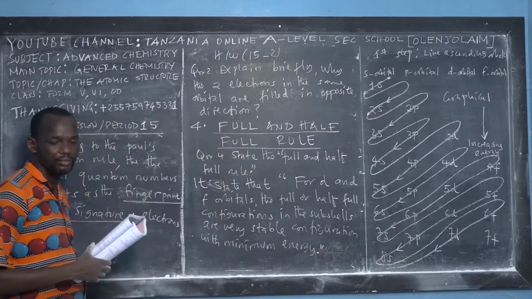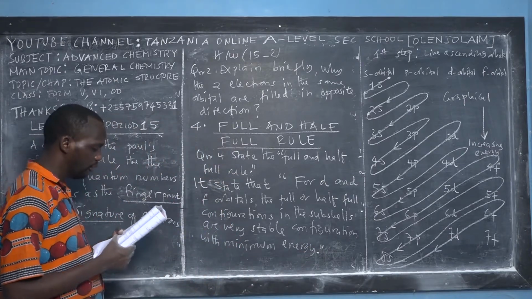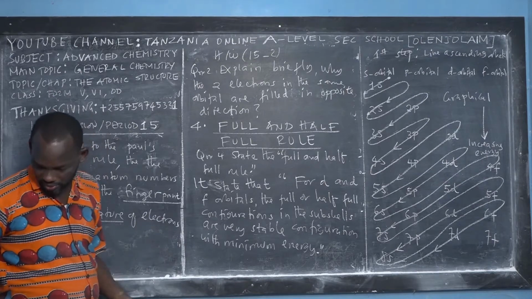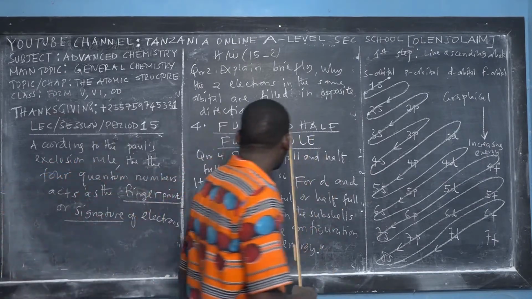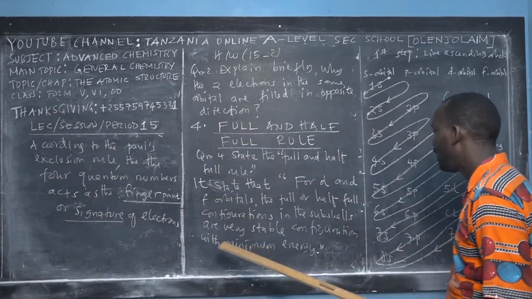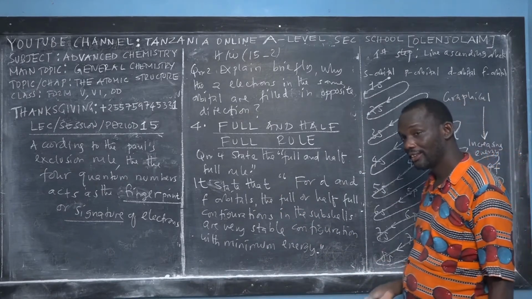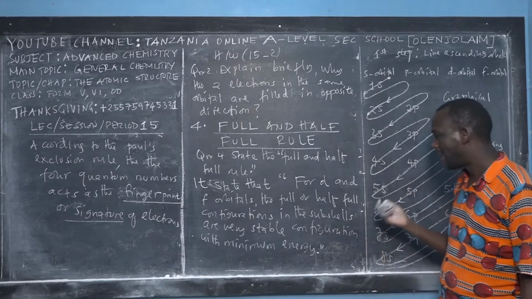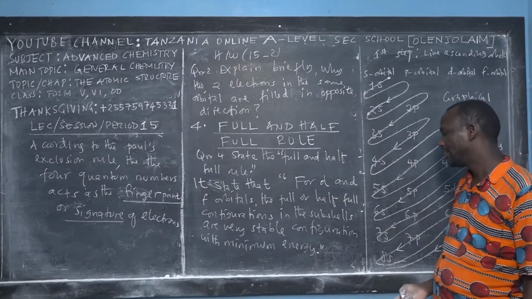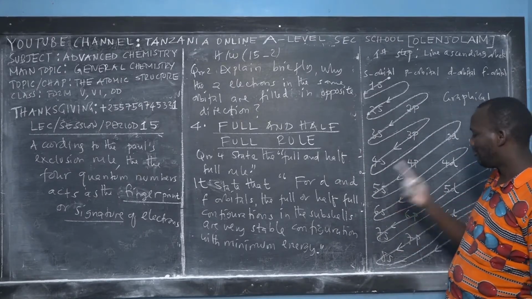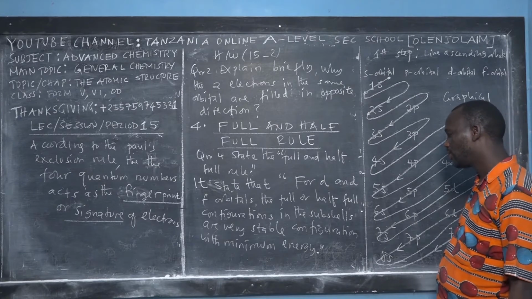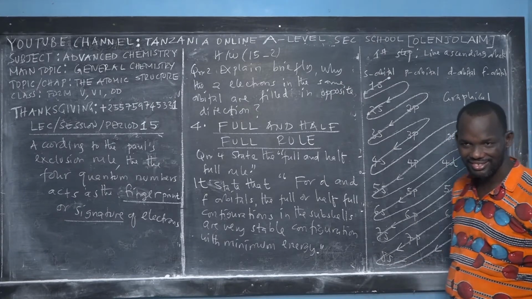So for D and F orbitals, the rule states, listen carefully, that the full or half full configurations in the subshells are very stable configurations with minimum energy.